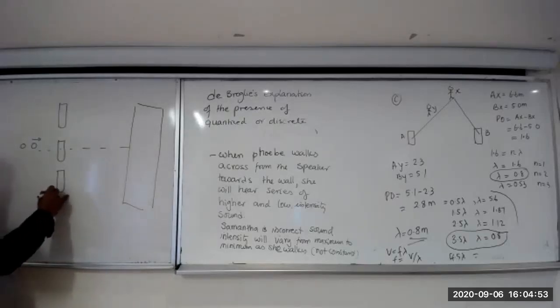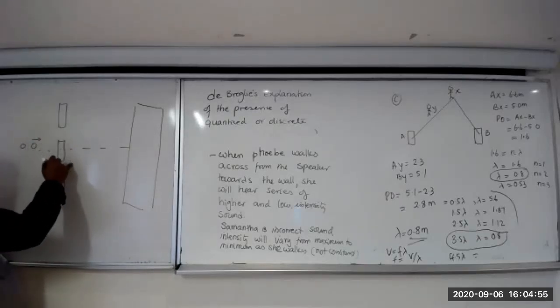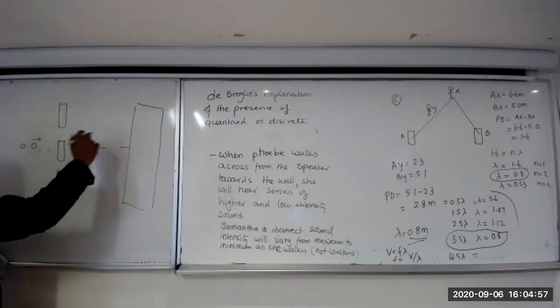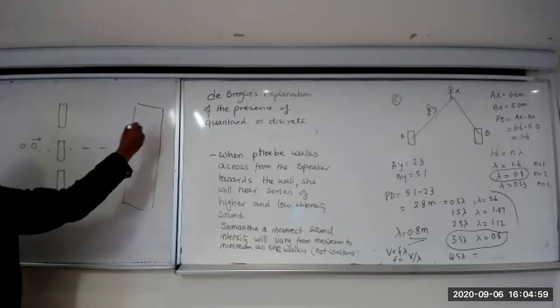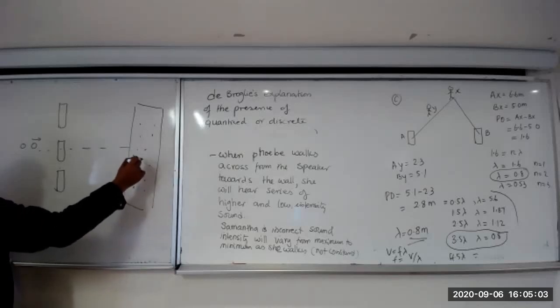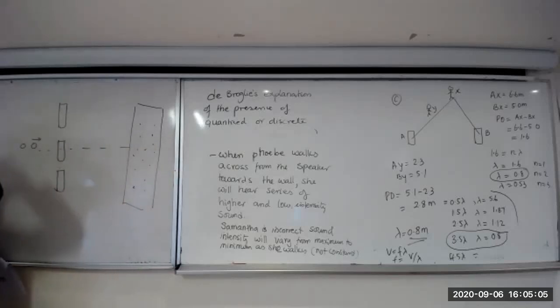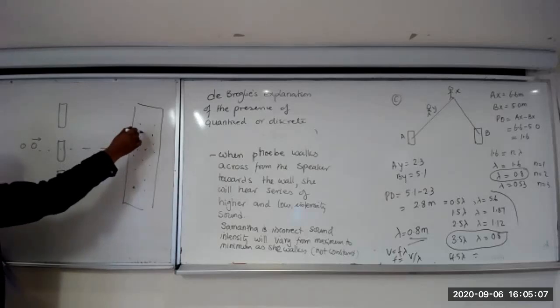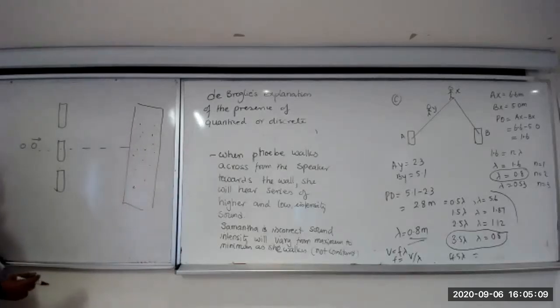So what you have to say to start with, when you're shooting electrons one at a time, you can see random bright spots. If they're purely acting like a particle, they should go through and hit certain points. At the beginning, you can see a random distribution of bright spots.